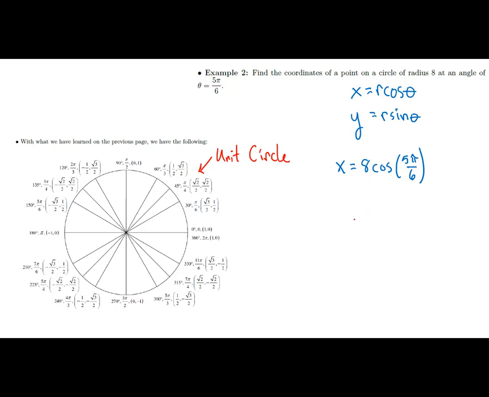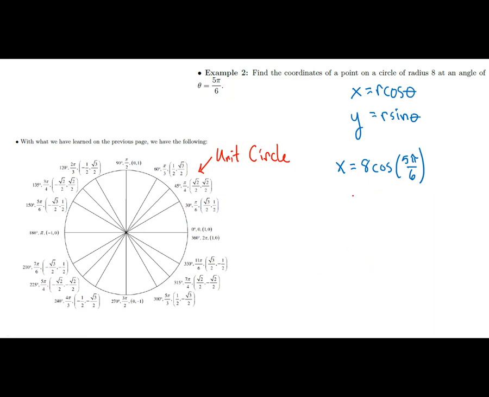Okay. So I can take a look over here. 5π/6 is right here. The cosine is negative square root of 3/2 at 5π/6. And that shouldn't be too surprising to us because 150 degrees leaves 30 degrees right here, or 5π/6 leaves π/6 right here. So I should get the exact same x value as I did for π/6, but just the negative of it.